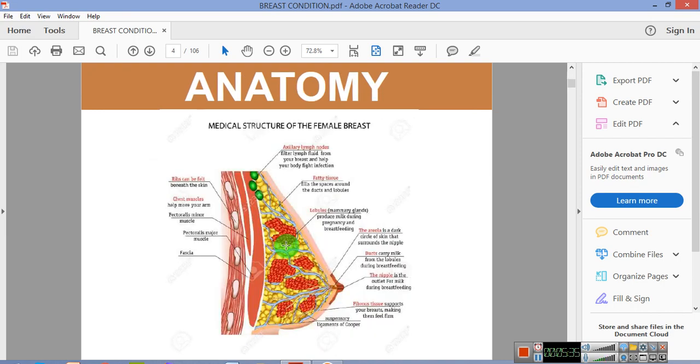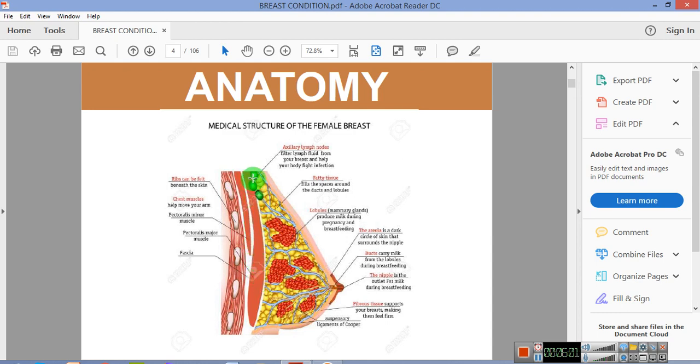Okay, then this is also the anatomy of the breast. Those are the skin, and then ribs can be felt. The chest muscles: pectoralis minor muscle, inside that the superficial fascia and deep fascia, and then the pectoralis major muscle.